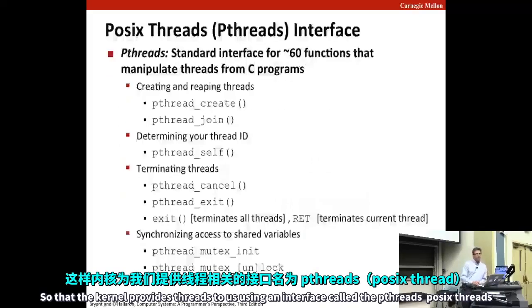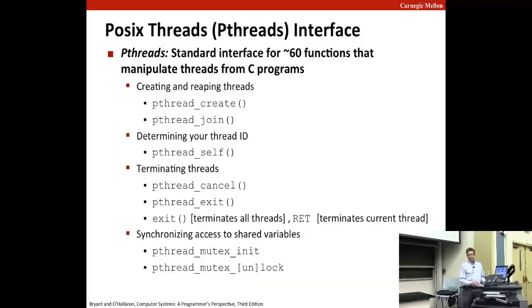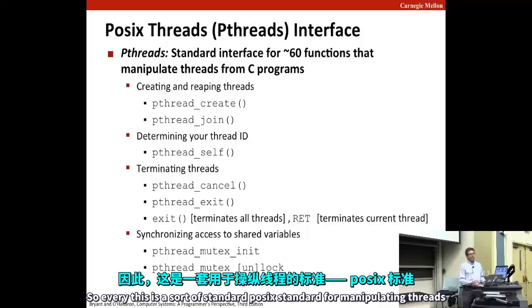So the kernel provides threads to us using an interface called pthreads, POSIX threads. This is a fairly recent standard supported by all Linux and Unix systems, Windows, and Macintosh. It's the POSIX standard for manipulating threads.